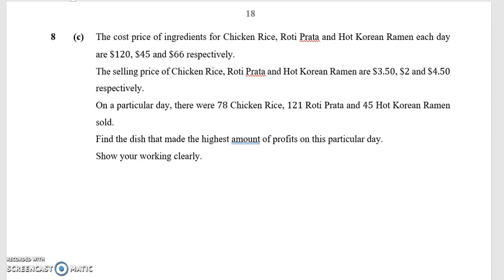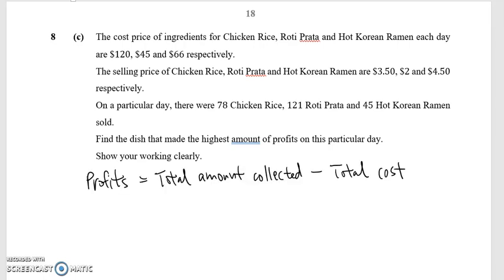If I want to talk about profits, I have to take the earnings for that day minus the cost of the ingredients. So it will be something like that. I will do that for each of chicken rice, roti prata, and hot Korean ramen, so that I can compare to find the dish that made the highest profit.